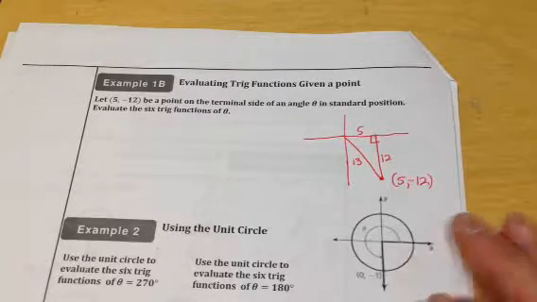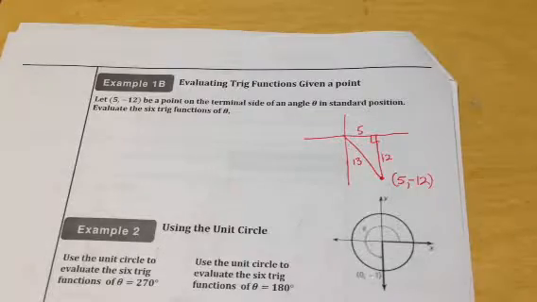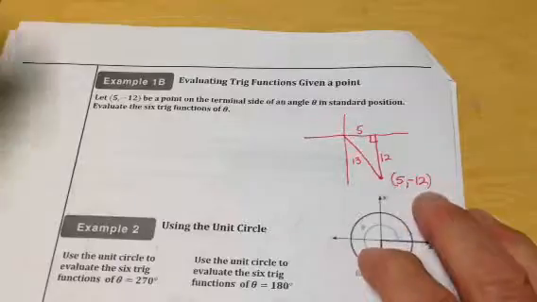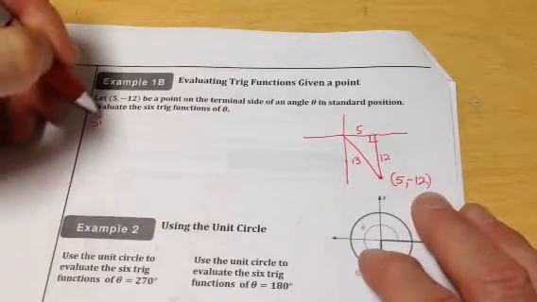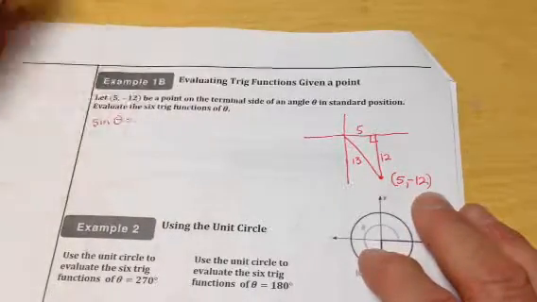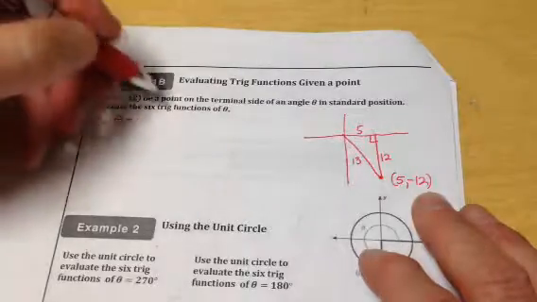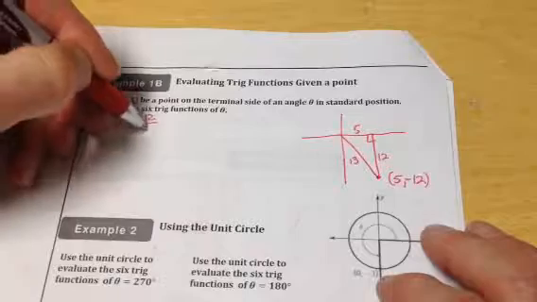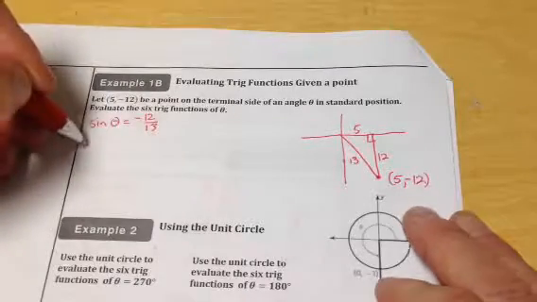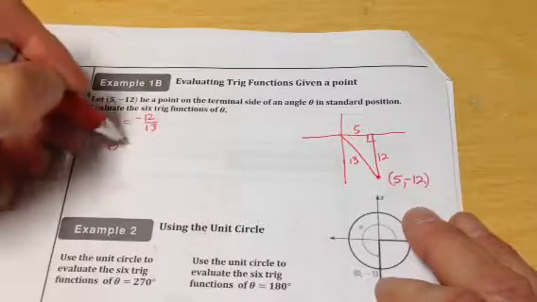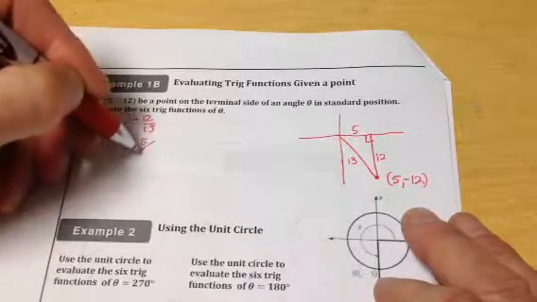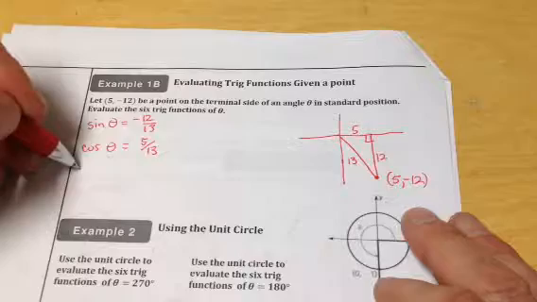I said that we would need to know the Pythagorean theorem really well and be able to easily find the third length of a right triangle. All right, so using that definition of y over r for the sine, it's going to be negative 12 over 13. For the cosine, that would be x over r, so that's going to be 5 over 13.